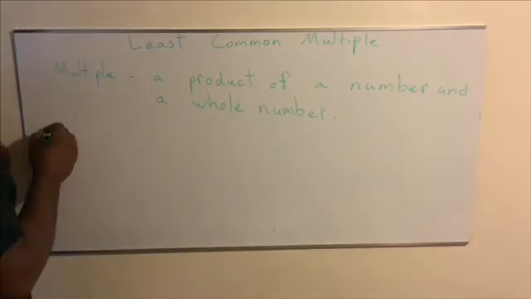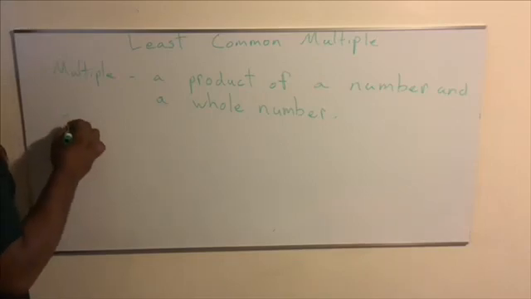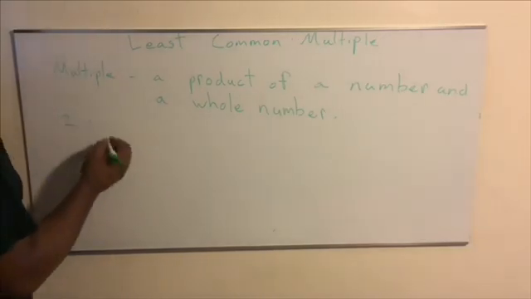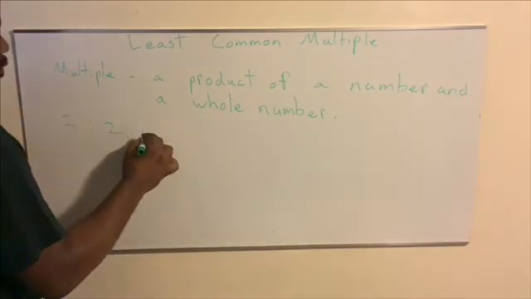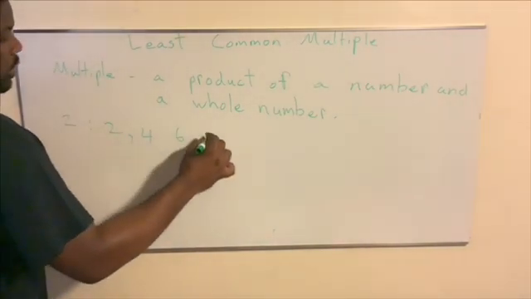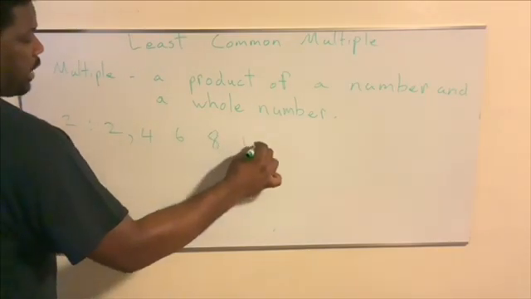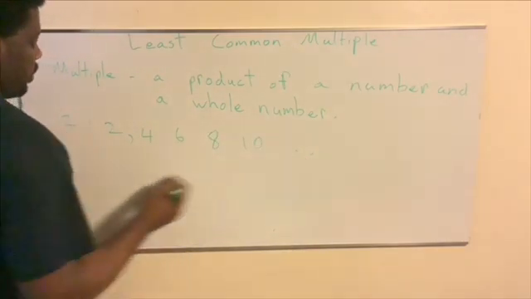So, for example, if I list some multiples of 2, they are 2, 4, 6, 8, 10, and so on.